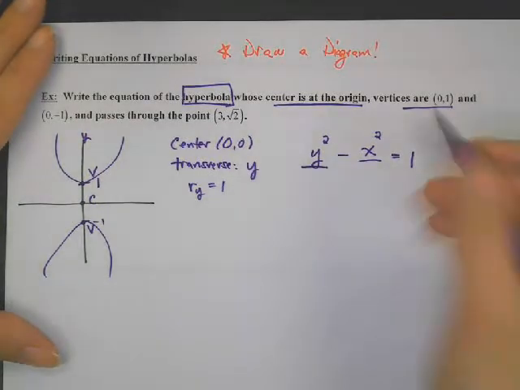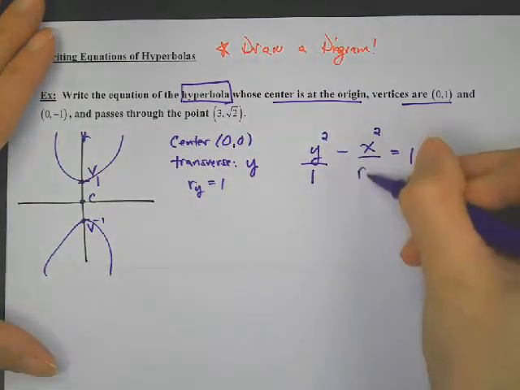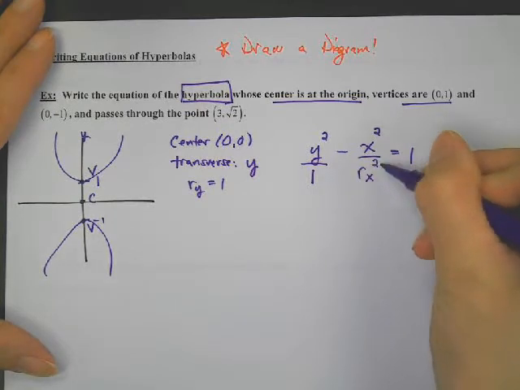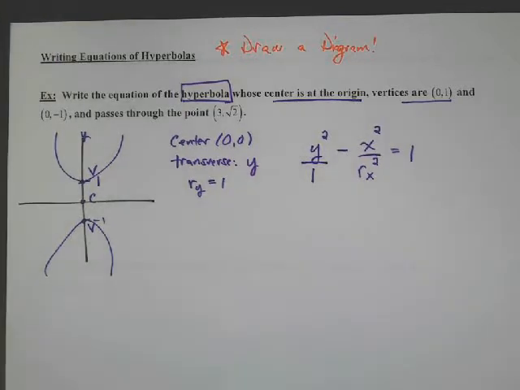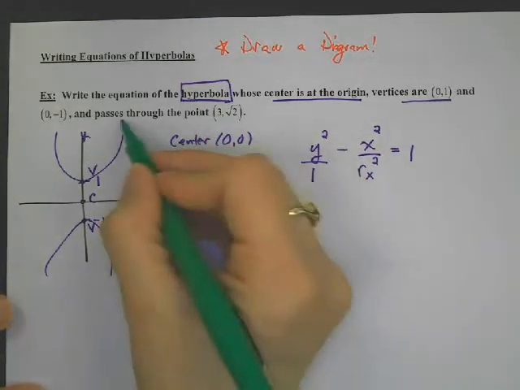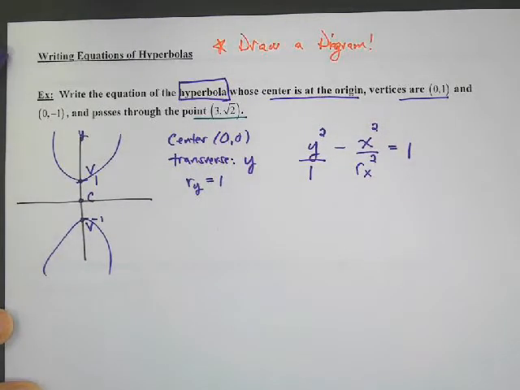I know r sub y is 1, so 1 times 1 is a 1. I do not know r sub x squared. Okay, I've got part of the information. There's just one more thing we have to find, but lucky for us, they did give us another hint. Okay, it passes through the point 3, radical 2.